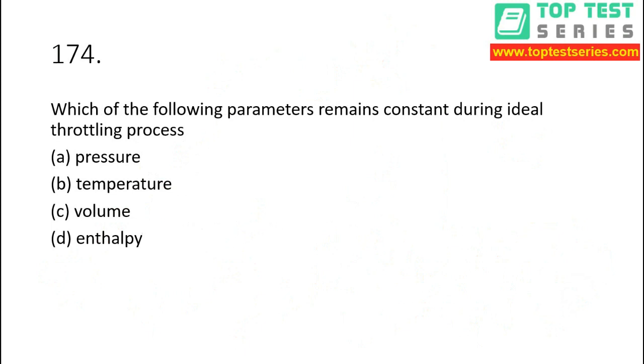Now guys, 174. Which of the following parameters remains constant during ideal throttling process? This is very, very important, right? Which of the following parameters remains constant during ideal throttling process? Pressure, temperature, volume, enthalpy. My dear, in case of throttling process, what is the other name of throttling process? It is an isenthalpic process.